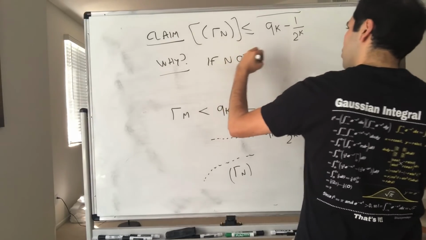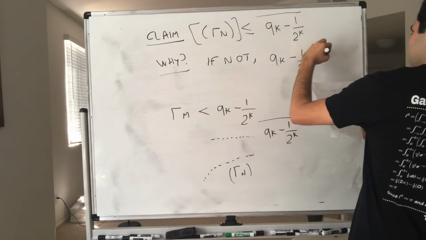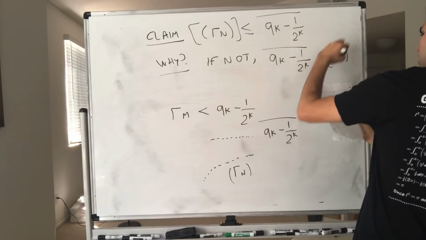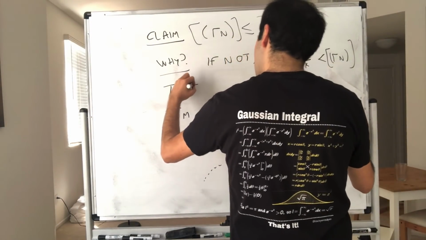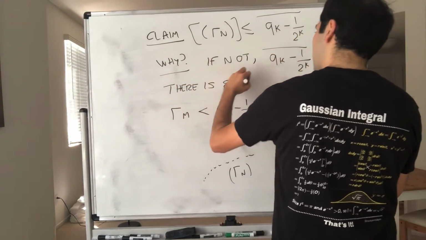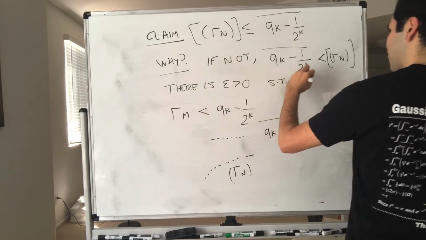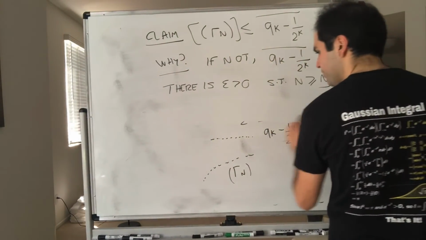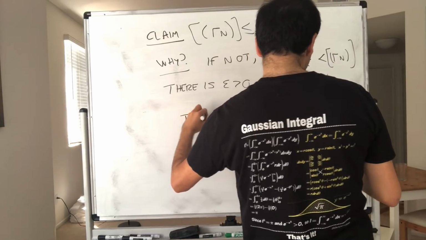If not, then Qk minus 1 over 2 to the k is less than Rn, which means that there is epsilon positive and capital N such that if n is bigger than or equal to capital N, then what do we know?